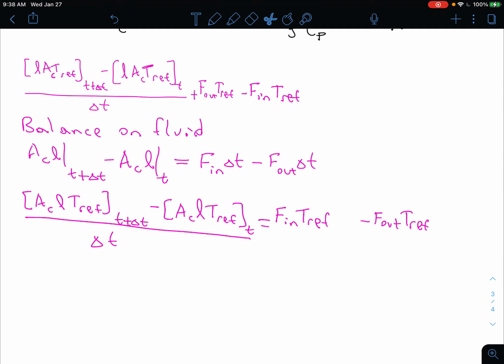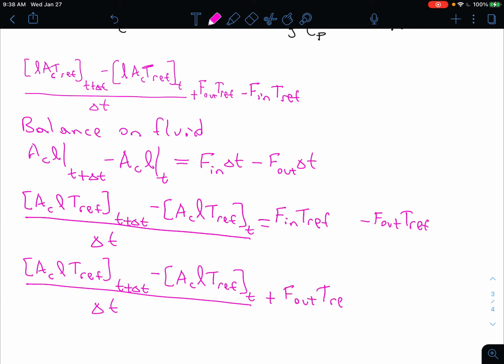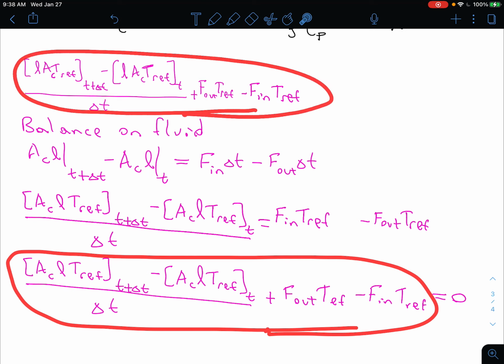So if I move all the terms to the left side, then what I have here is this, and I'll have a plus F out T ref minus F in T ref equals 0. Now hopefully you will recognize this as being that term which I claimed was equal to 0, right?